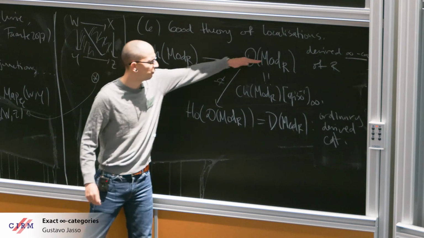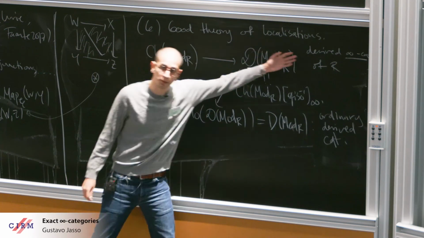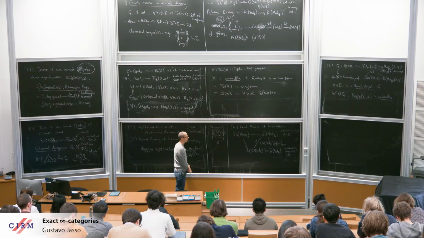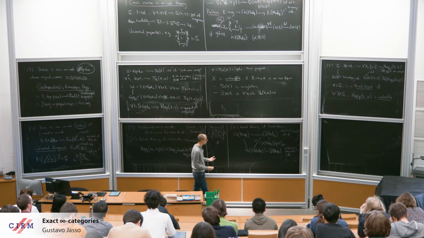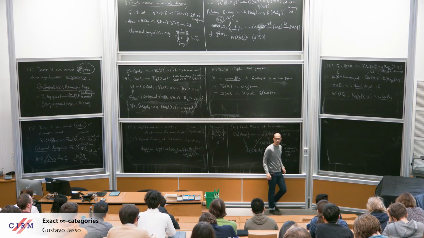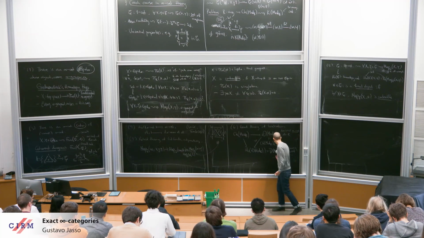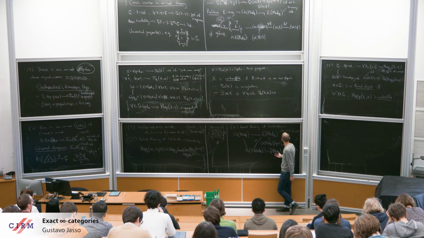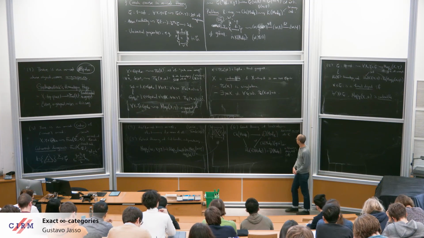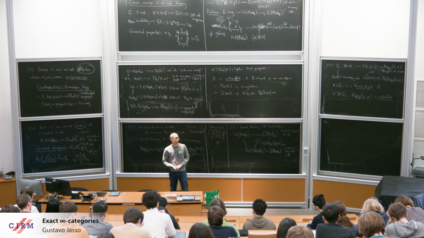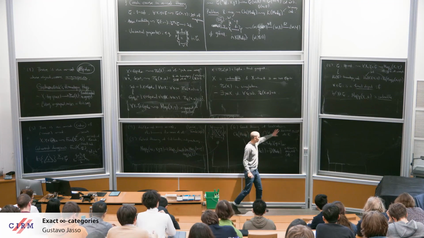So we get a different invariant of the ring R, this derived infinity category. The punchline of the whole story is that while we know that this is a triangulated category, it is not very well behaved. For example, it doesn't have arbitrary kernels or cokernels, or pullbacks or pushouts. Whereas the derived infinity category has all limits and all colimits, for example. So this is a much better behaved categorical object.